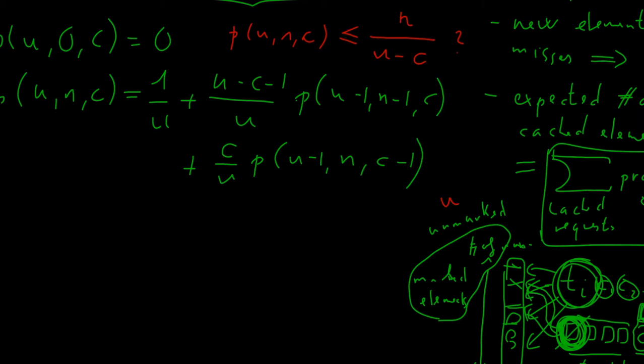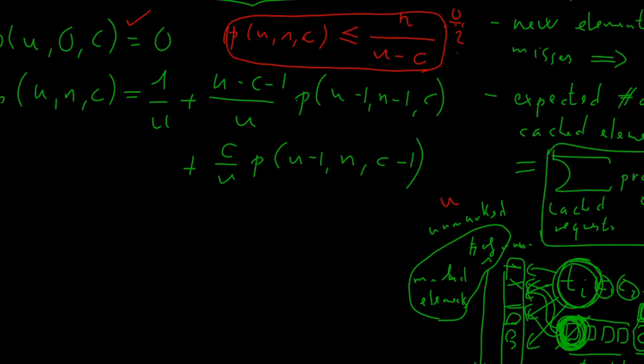If you have these sort of recursive formulas, then you can just guess something and verify whether it works out through induction. For this particular case, this is good because here N is 0, so on the right hand side we have 0 over U minus C, which is 0, so of course the probability is 0 in that case.